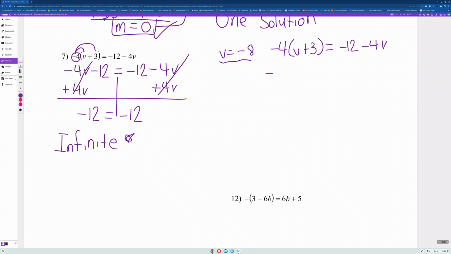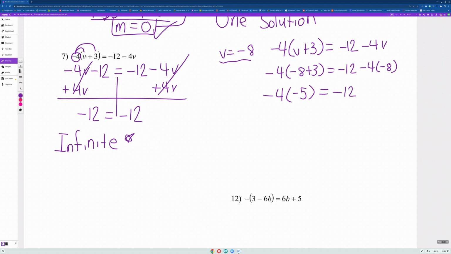So I'm going to get -4(-8 + 3) is equal to -12 minus 4 times -8. All right, so once I do that, I need to solve within my parentheses first because that's the order of operations. So -8 plus 3, that's going to give me -5 is equal to -12.